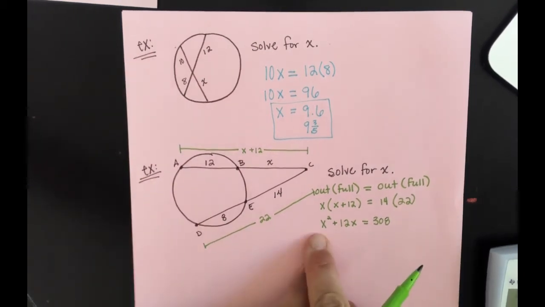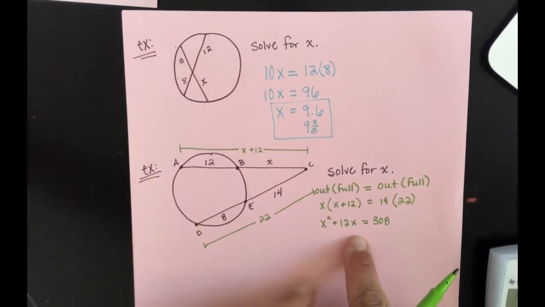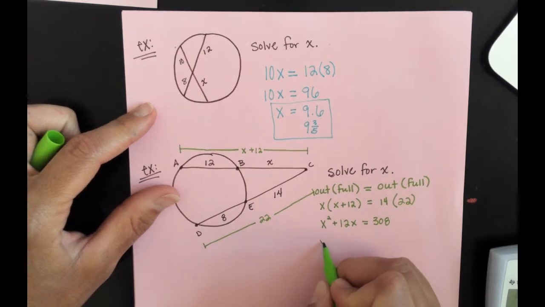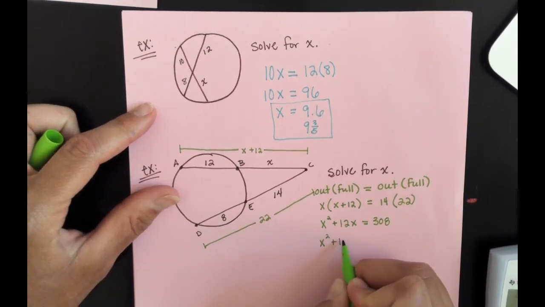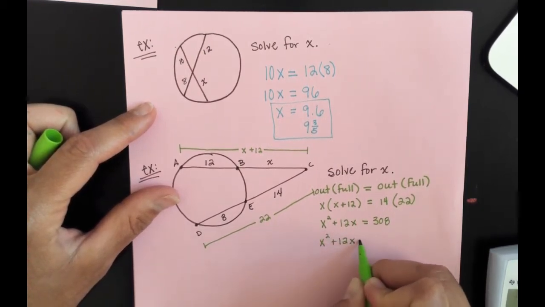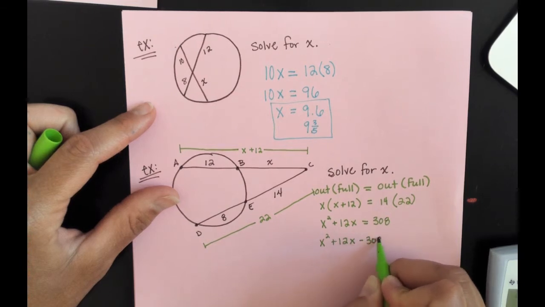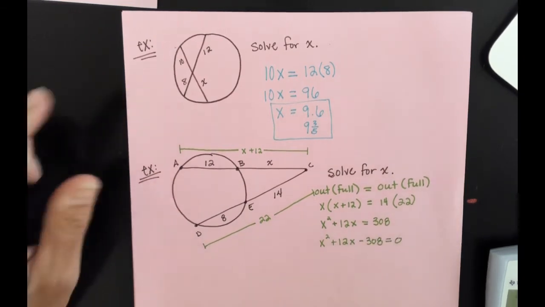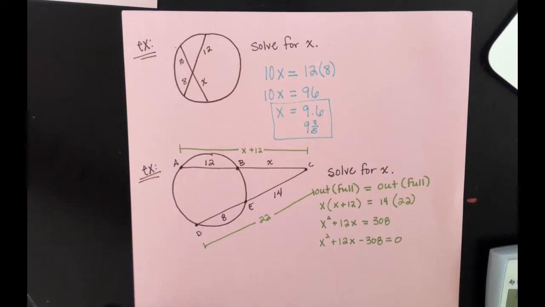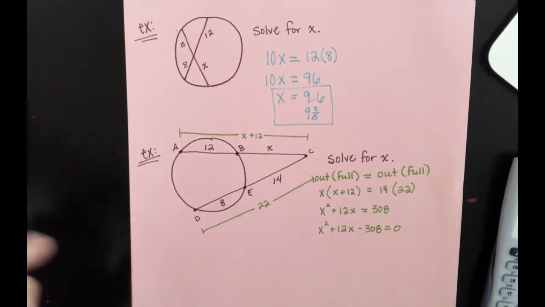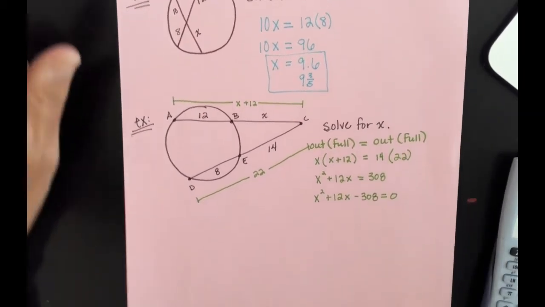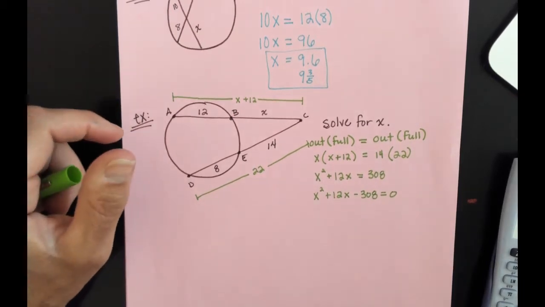And the minute you have something squared and something to the first power, you got to bring everything back to the same side, and then you have to solve by either factoring or using the quadratic formula. Now, I don't happen to know the factors of 308 off the top of my head.